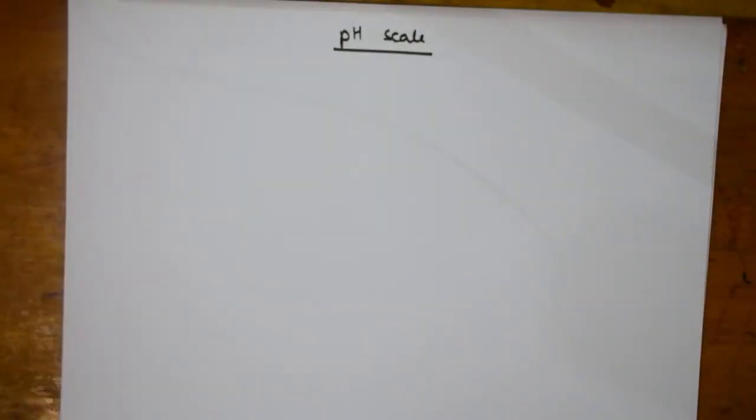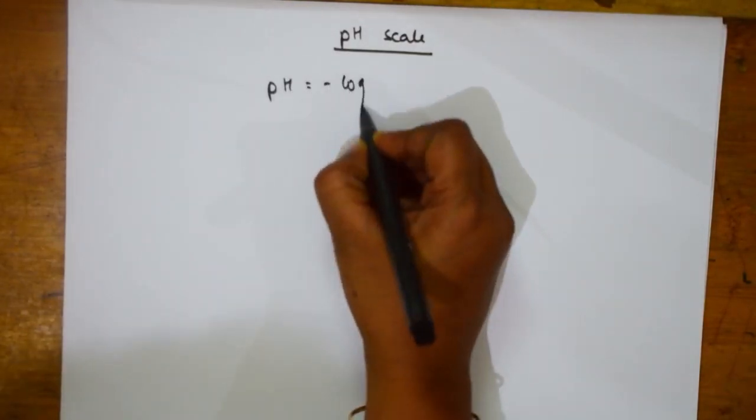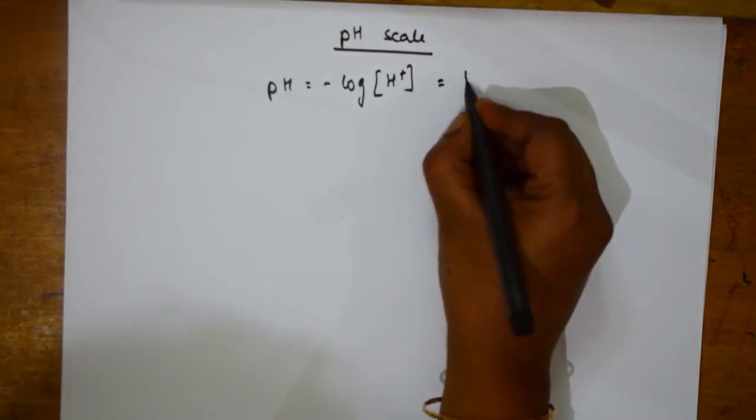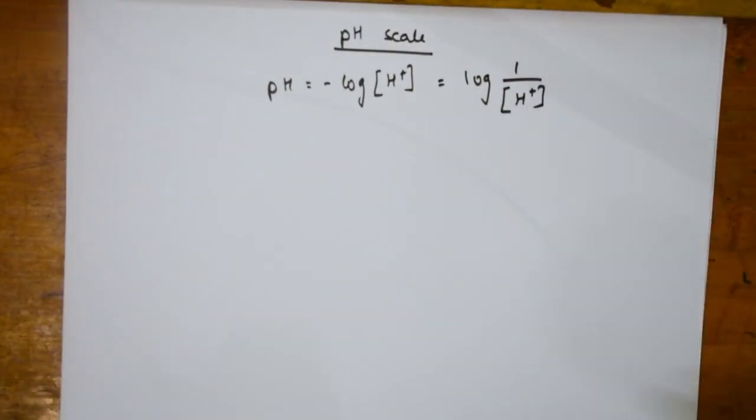Let's come back and do the pH scale now. What actually is the pH scale? You have seen the pH meter and pH paper in your lab. Sorensen defined the pH of a solution as the negative logarithm of the H plus ion concentration, which can be written as log of 1 divided by H plus.